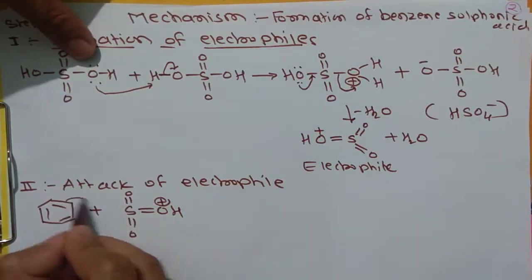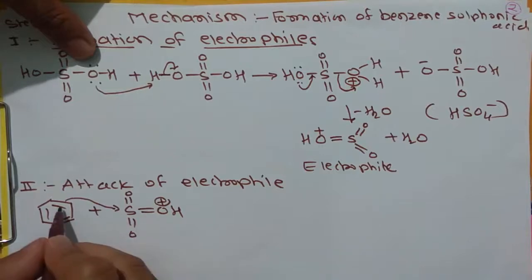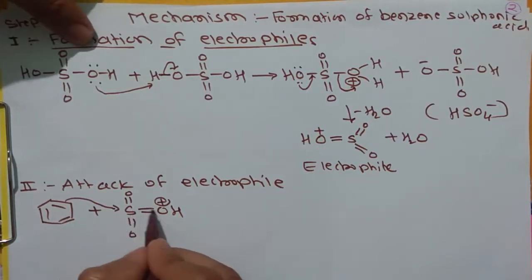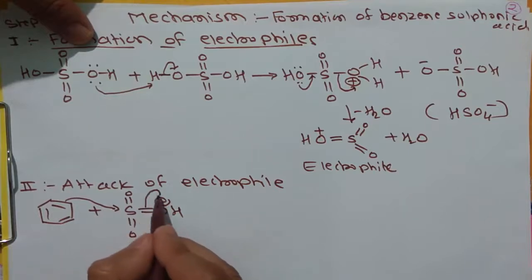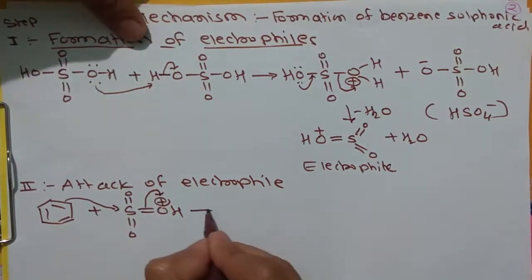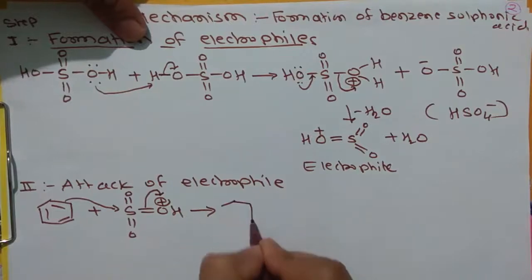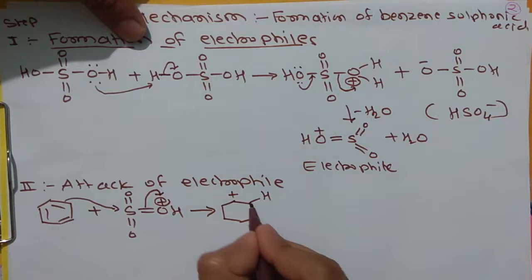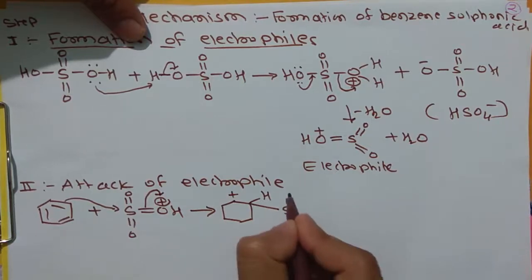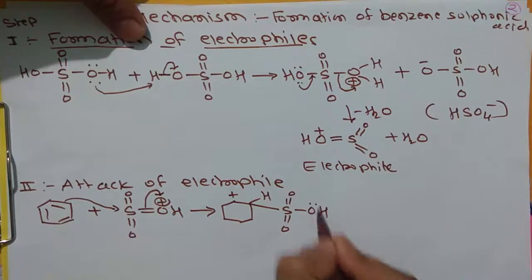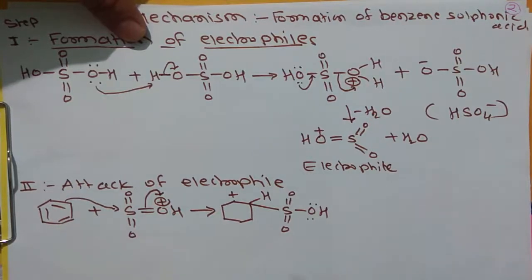The attack of the pi electrons on the electrophile takes place, and the bond between sulfur and oxygen breaks, and the lone pair of oxygen is regained during the reaction, and this is the product formed. Here is the positive charge, here is the hydrogen, double bond O, double bond O, and here is the OH. The lone pair of the oxygen is regained.